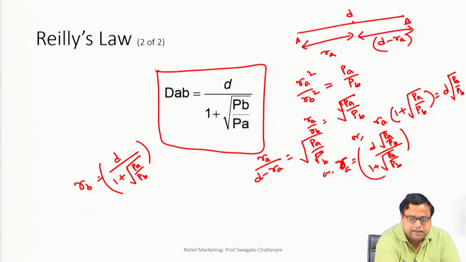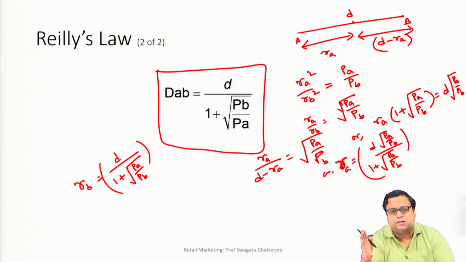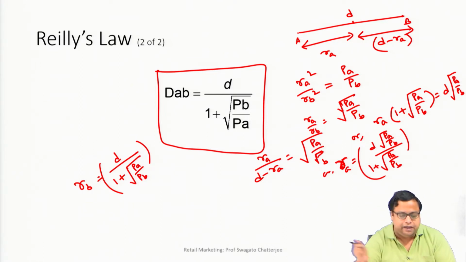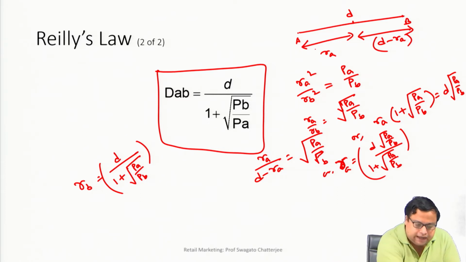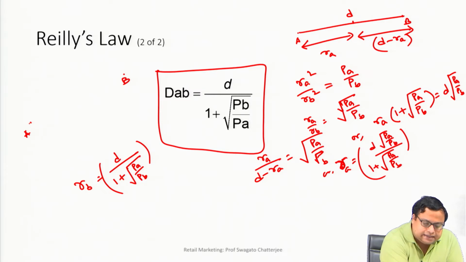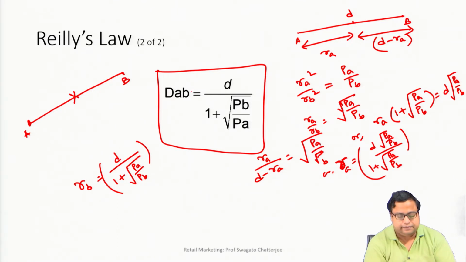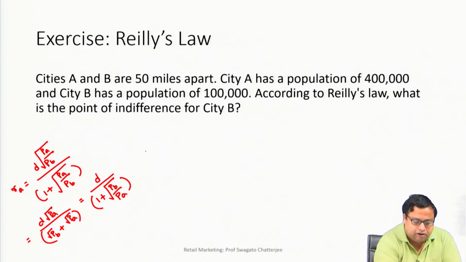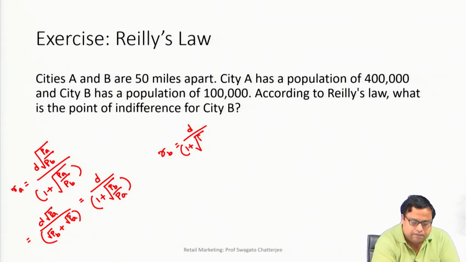DAB means the distance from A to the indifference point towards B. If A and B are written here, in this A to B line, the distance from A to the indifference point is DAB. Similarly, what will be DBA or RB? RB I wrote as D divided by 1 plus root over PA by PB.